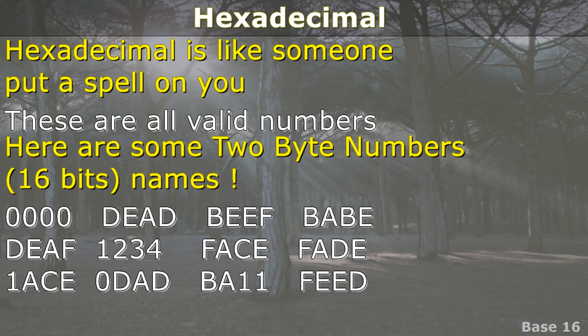So the nice thing is hexadecimal is like someone put a spell on you, and they can spell words. Dead beef is a very common number to fill the memory with, maybe when a computer crashes. But there are some words that people have made up using these 2-byte numbers, 16-bit value names that are rather common.